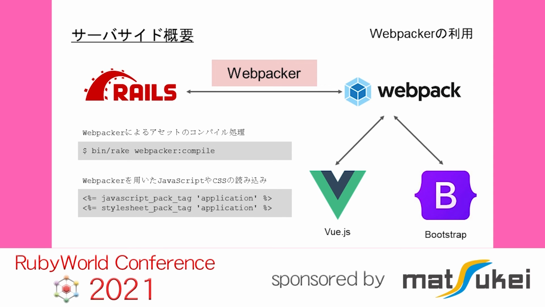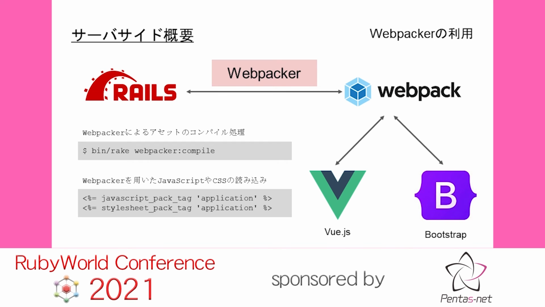Therefore, for the development with Webpack, it is very convenient to have the interaction through Webpacker with the front end, and we use Vue.js and Bootstrap for CSS. This is divided between users and administrators: the user function uses Vue, and the administrator uses Bootstrap.